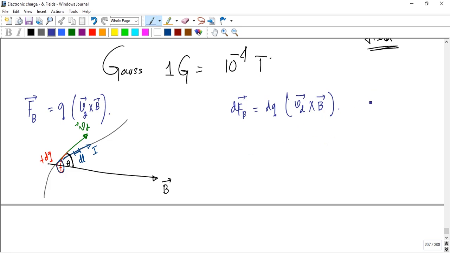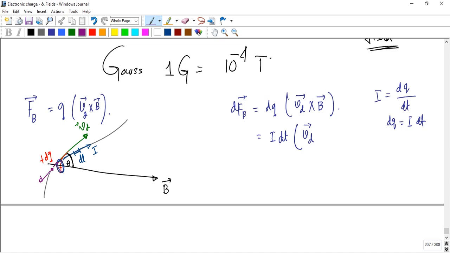We know that current I is equal to charge divided by time, so the charge flow with respect to time gives current. So dq equals I dt, and we replace dq with I dt, with Vd the drift velocity, because the proton moves in that direction.